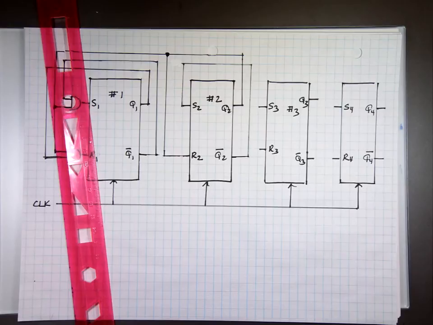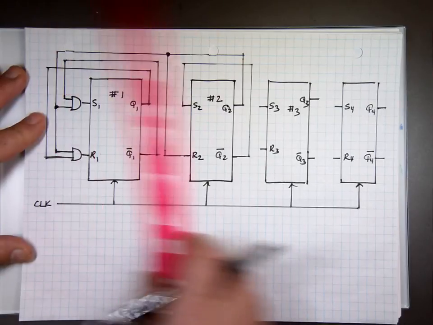Just a wire. Now the third one again, you can either attach it to ground or Q3 for S3. And the same thing for R3. Ground or attach it to one of S3, and was it Q3 and Q3 not.